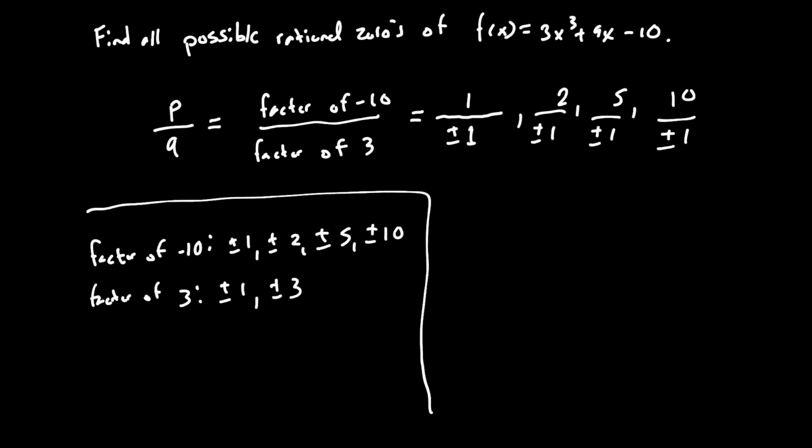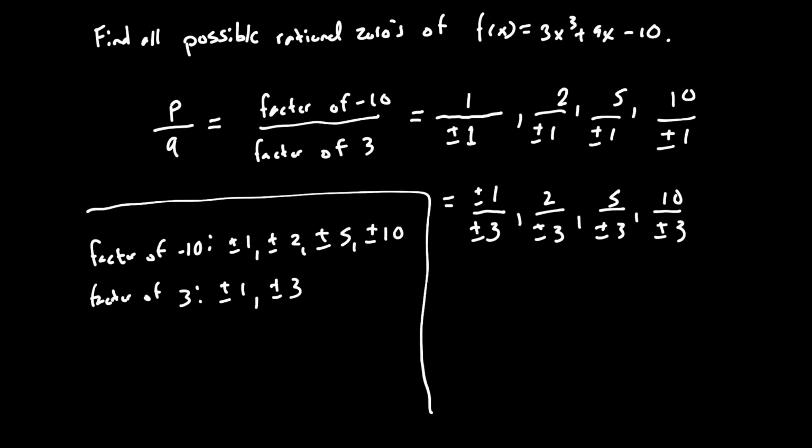And now again we're going to keep our denominator constant, and the other possible zeros are going to be given by plus or minus 3, where we're dividing 1 by plus or minus 3, we're dividing 2 by plus or minus 3, we're dividing 5 by plus or minus 3, and we're dividing 10 by plus or minus 3.